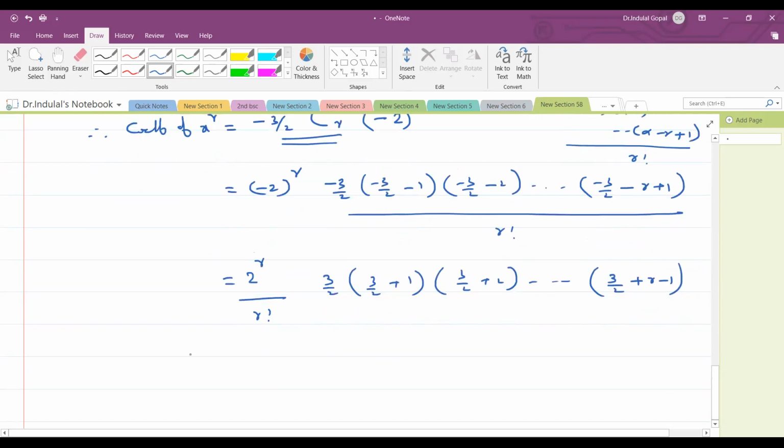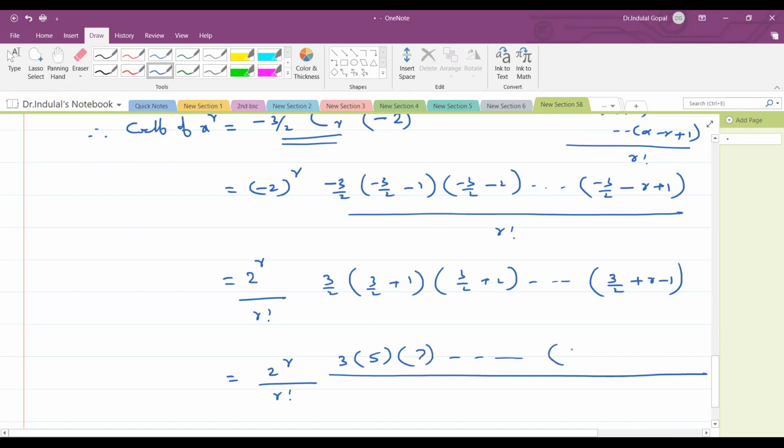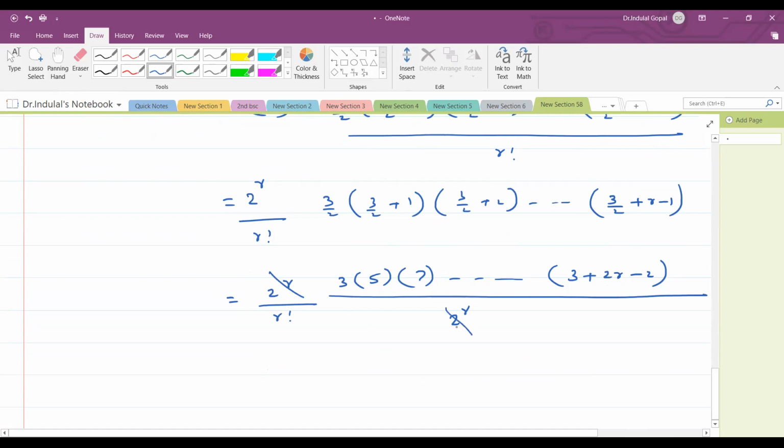So we get 2 raised to r by r factorial into 3 into 5 into 7 into etc. 3 plus 2r minus 2 divided by 2 raised to r. These 2's from these r terms collectively give 2 raised to r. Now 2 raised to r and 2 raised to r cancel.